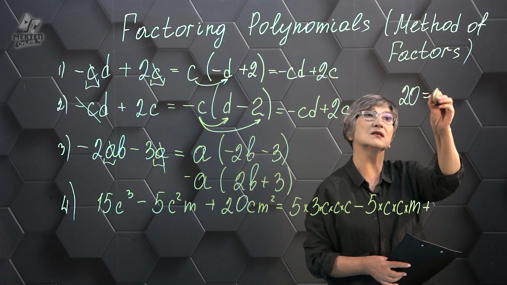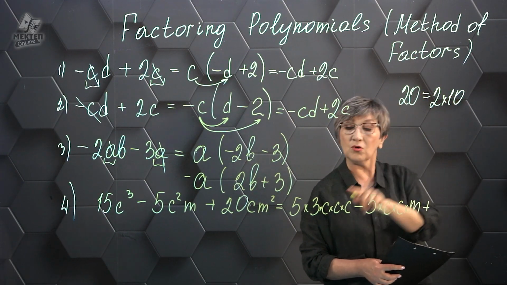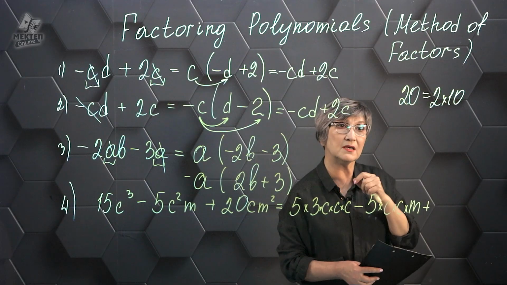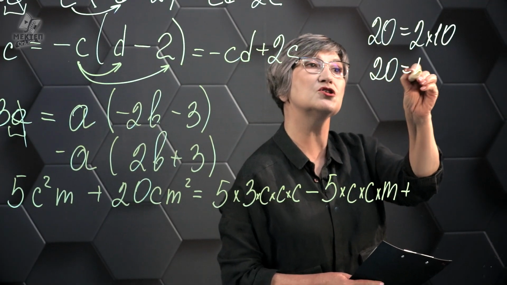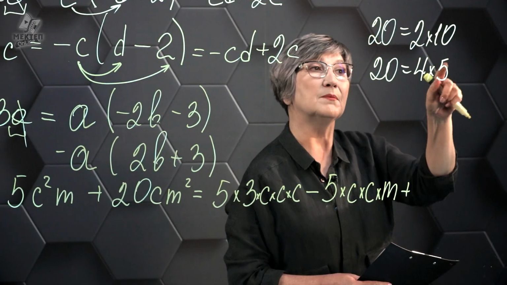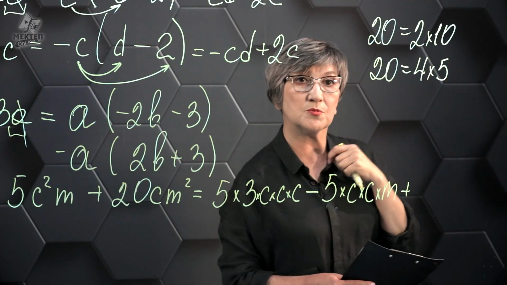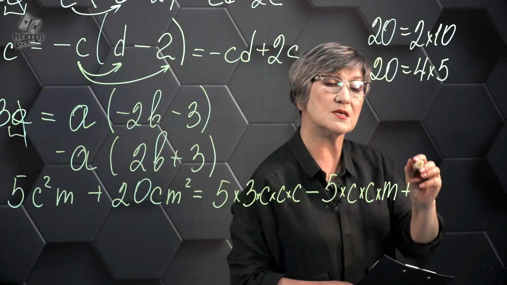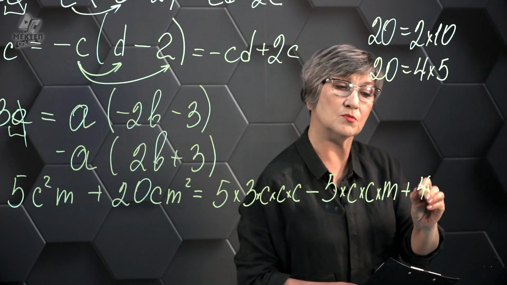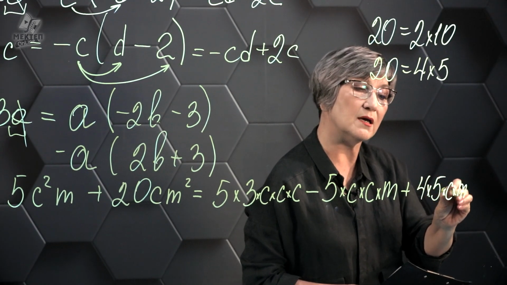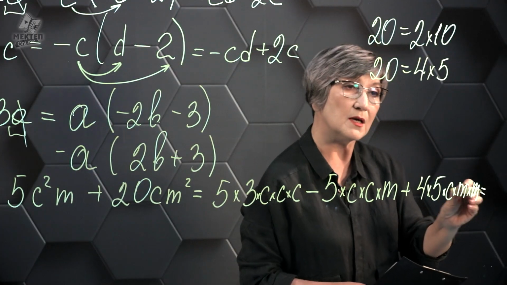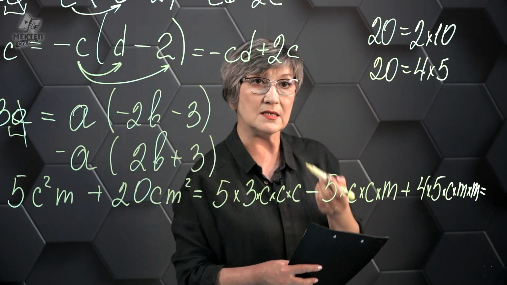So I'll write 20 as 4 times 5, because in this case, I'll have a common factor of 5. So I write 20 as 4 times 5 times c times m and times m.